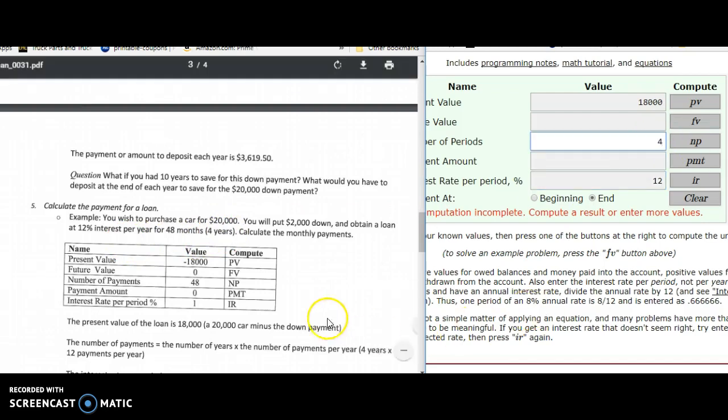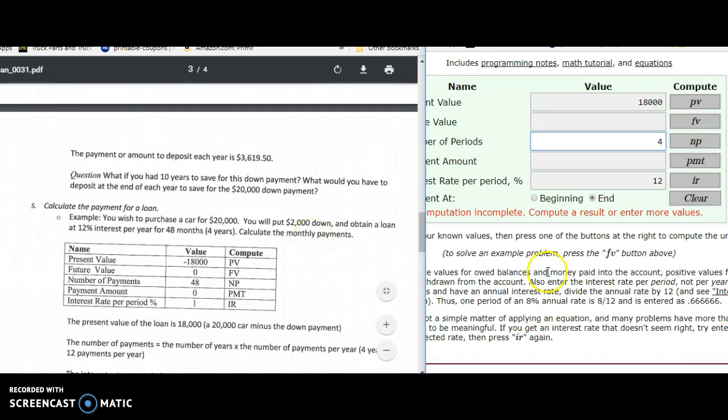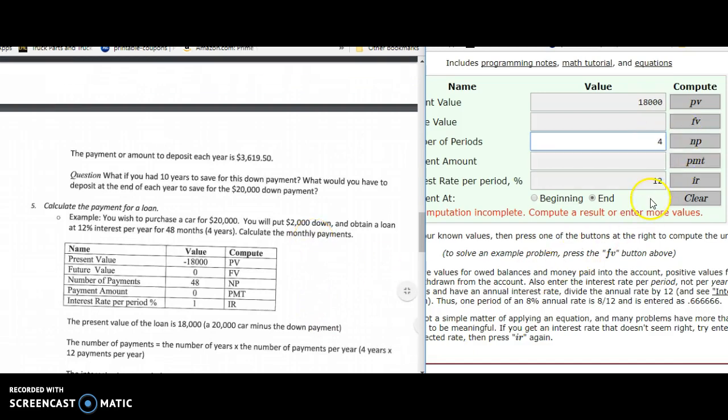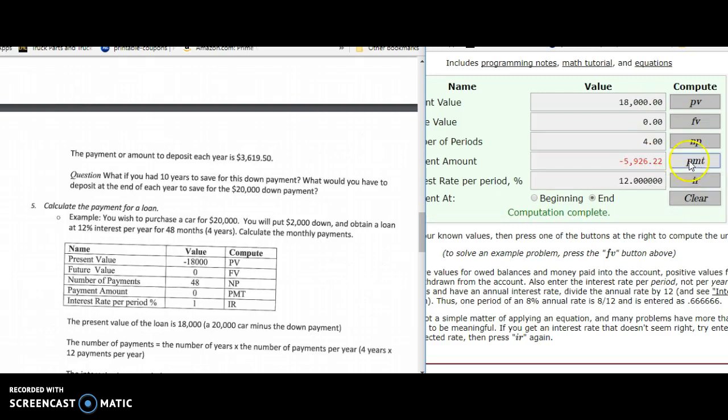Okay? Now it says to calculate monthly payments. And so if you notice, I did this wrong. So it is 4 years, 12% per year. And if I want monthly payments, because this would give me annual payments, and that's not what I want. I don't want to know what I have to pay annually. I need to know what I need to pay monthly. So 4 times 12 will give you the 48 payments that you have to make.